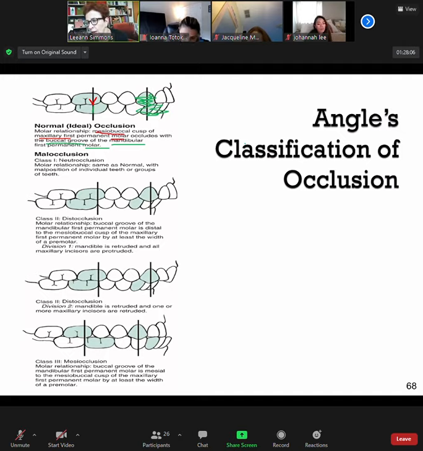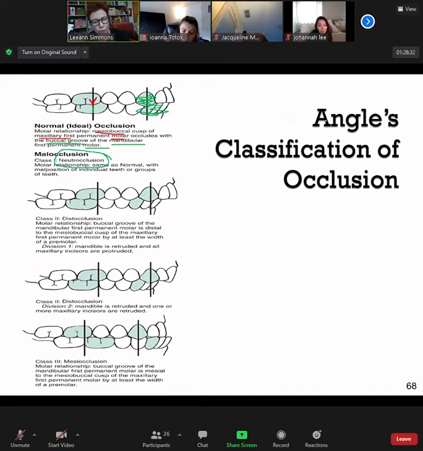It is called a neutroocclusion. There's another term for that class 1 occlusion. Now, sometimes we have our molars in ideal position, but there's other teeth that are in malocclusion.